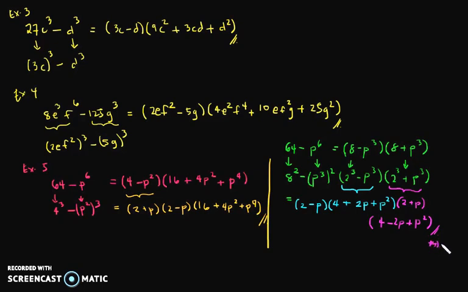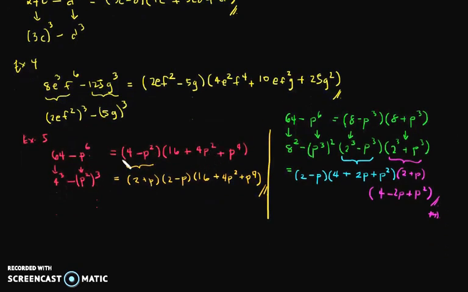Okay, so how about you try on your own? Try solving this, then let's see if you can apply what you have learned in our topic. So try this. For letter A, you have 64c cubed minus d cubed.